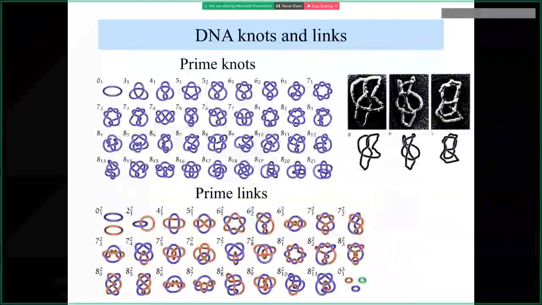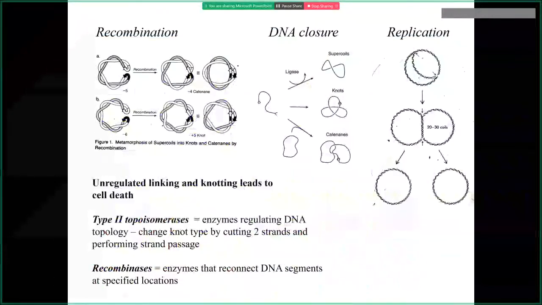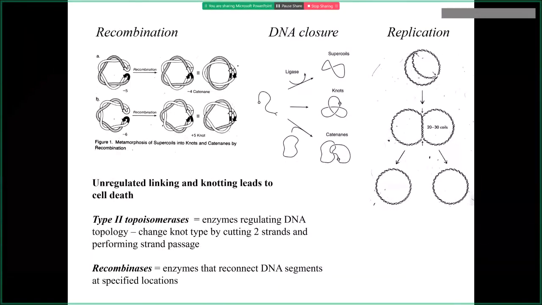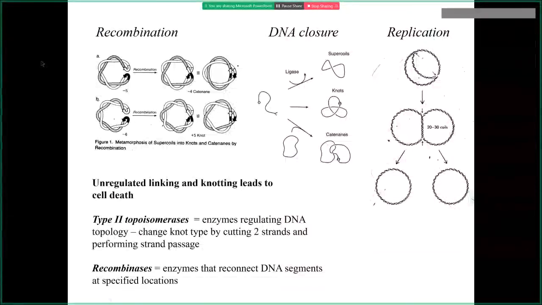I'm not going to talk about that today, although I would like to just mention that the primary biological processes in which knotting comes into play are recombination, DNA closure, and replication, and that we have enzymes which can reduce the topological complexity of DNA.